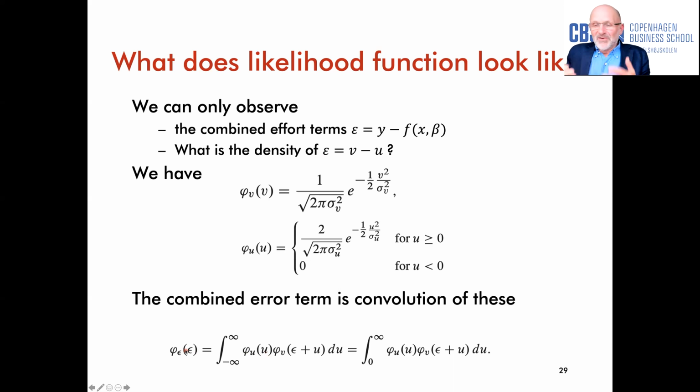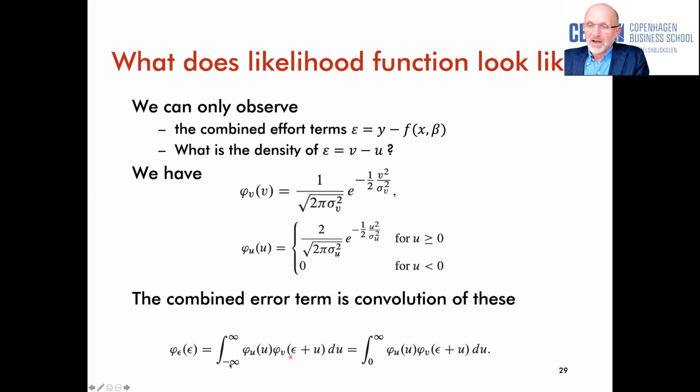But the U could be 100, it could be 200, it can be 100 and 102 and so on. So I need to try all of them, because that's all the events that will lead to my given composite error. And so I have to integrate from minus infinity to infinity this term here.